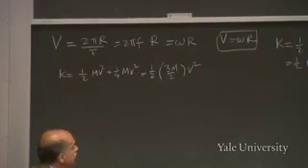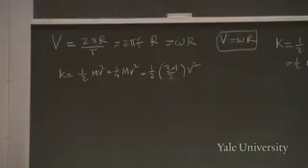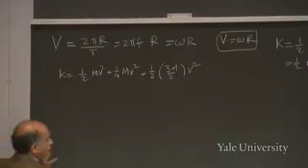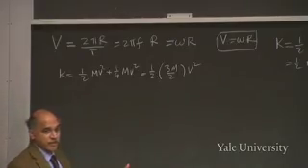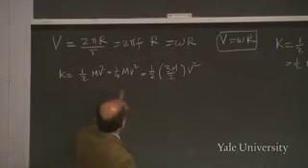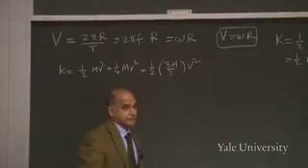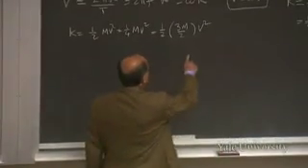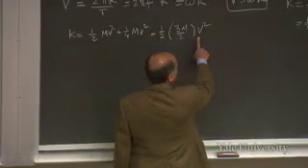So the kinetic energy of a rotating tire is not just 1/2 mv squared. If it's rolling without slipping, it's incumbent on the tire to have some rotational energy that's correlated with this translational energy. So the total energy will be this. But I'm going to write this in a different way. Let me replace v by omega r.